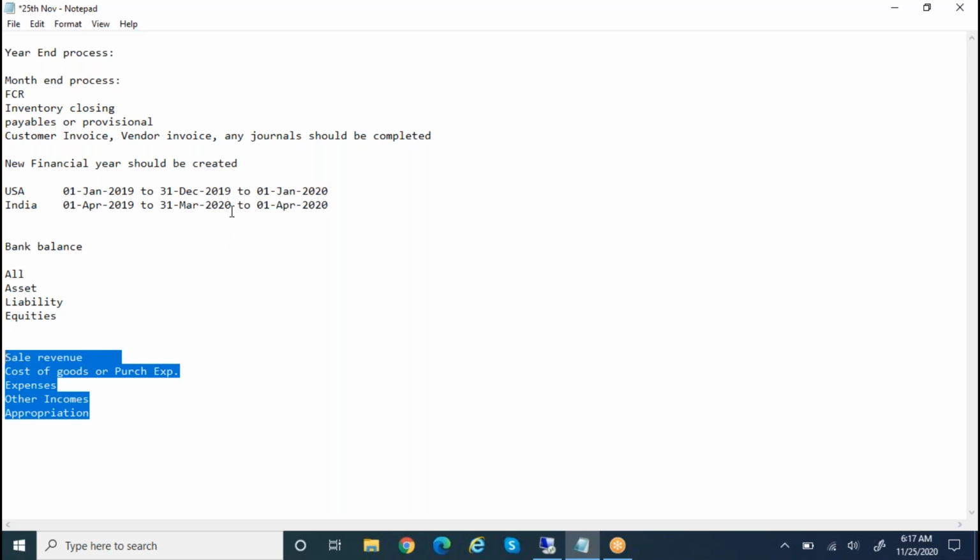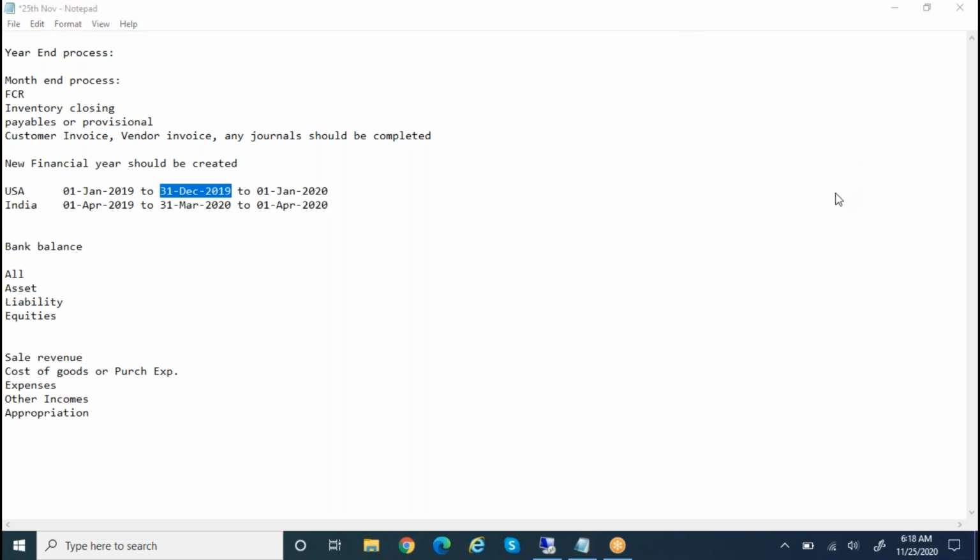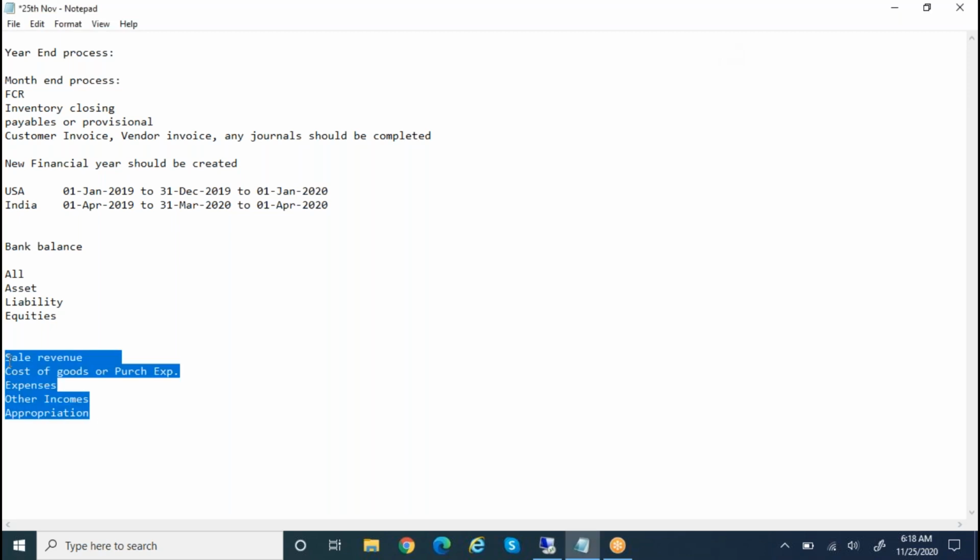On this day, if it is India, on 31st March 2020, I will calculate the final profit result. Here also on 31st December. It may be any date. Actually, on the last date of the financial year, you are going to arrive at the final value, the profit or whatever it may be. Understood? Here, from this, you are arriving at a net profit.